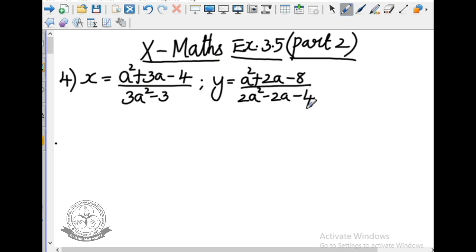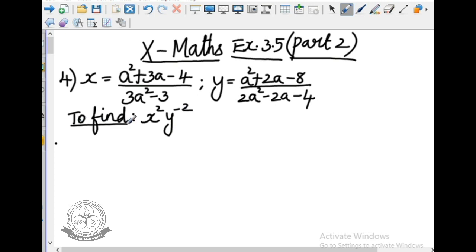This is given in the question to find x squared y power minus 2.